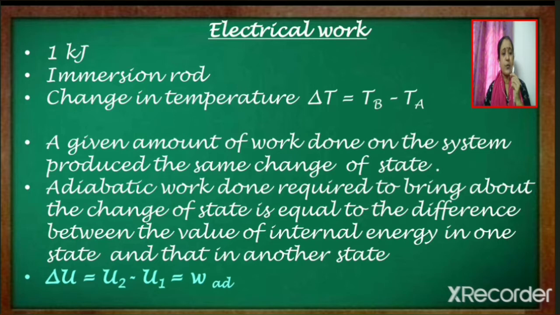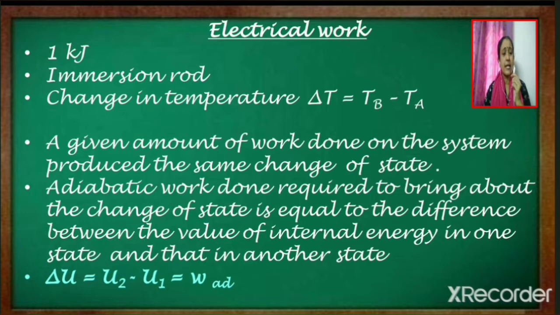So here what type of work is done? It is adiabatic work. And this work is required for what? This work is required to bring about a change in the state. Here the system has changed from the initial state A to the final state B. So to bring about the change of state, we have done some amount of work, adiabatic work on the system.